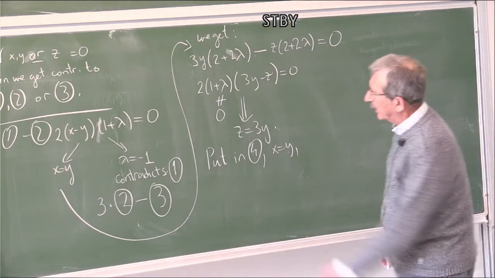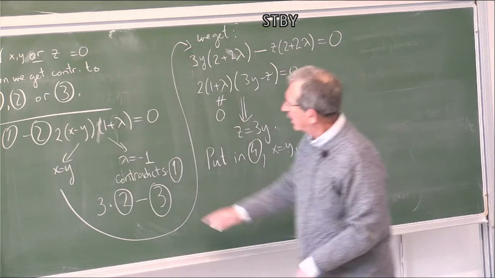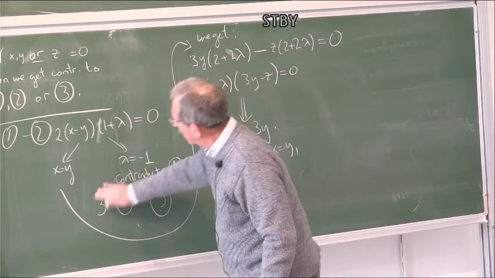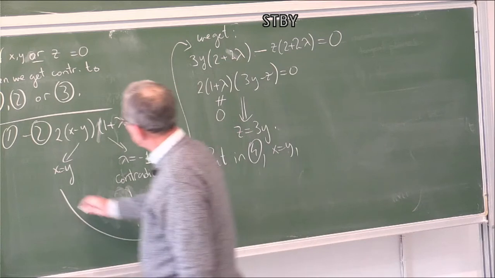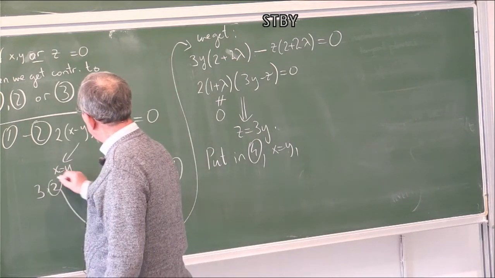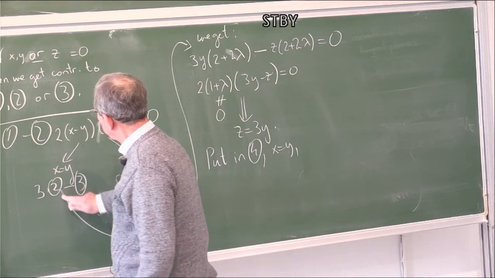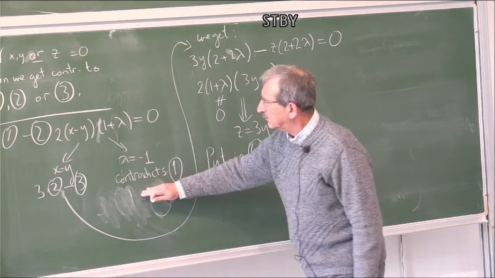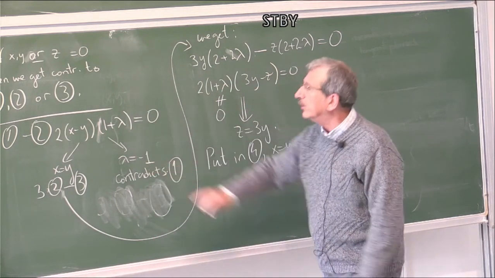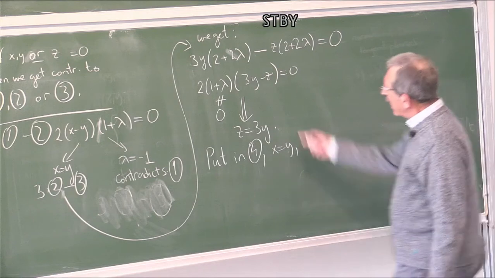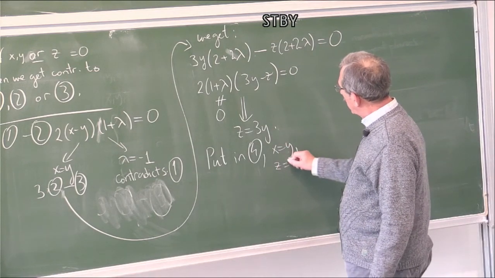And so the other one gave nothing. I wrote this in the wrong place. I should write it here: 3 times 2 minus 3. Because this gives a contradiction, there is nothing more to it.